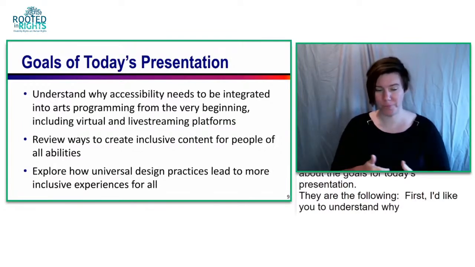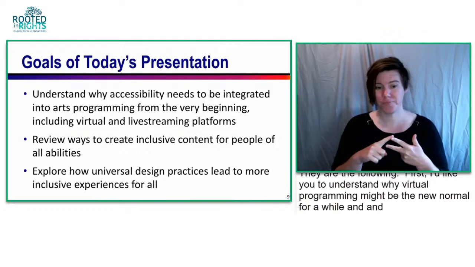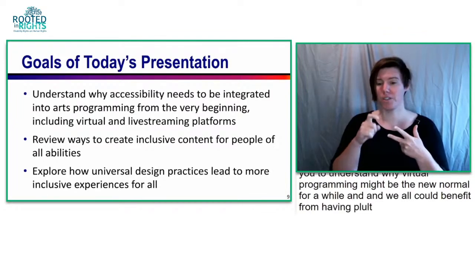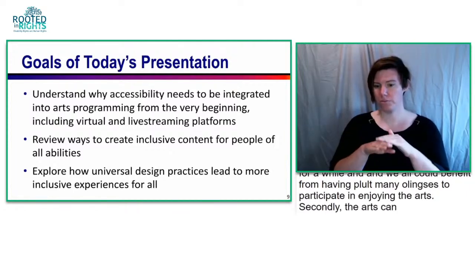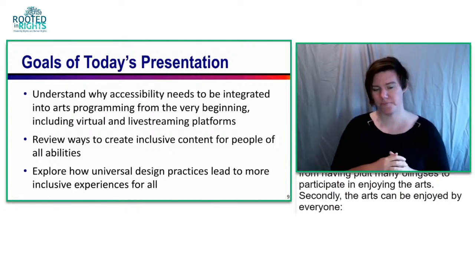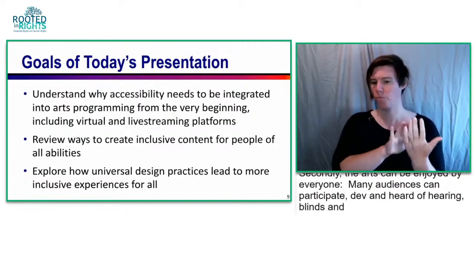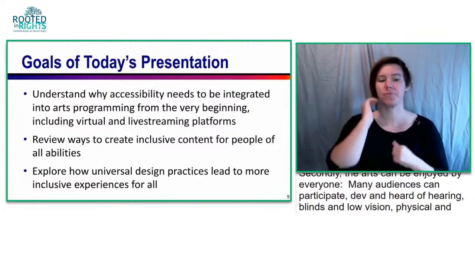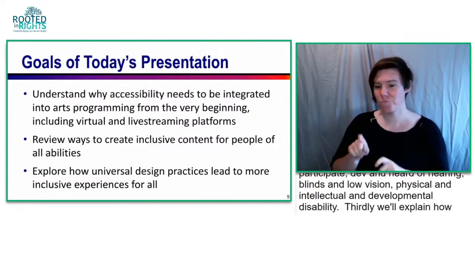For example, through captioning, interpreters, audio description, and considering unique and alternative formats for those who may need them. And finally, we have some guests here who will discuss and explore how universal design practices lead to more inclusive experiences for all. Next, please.